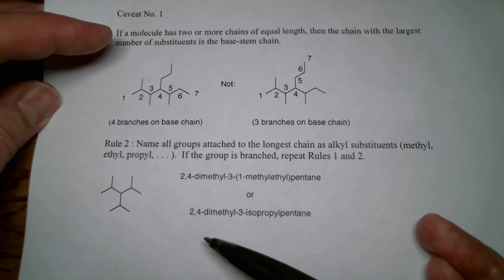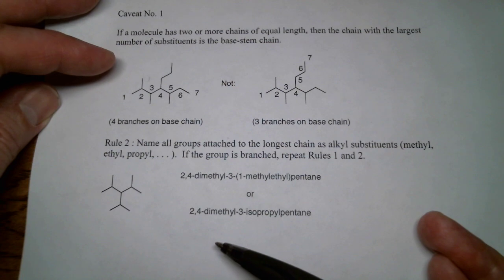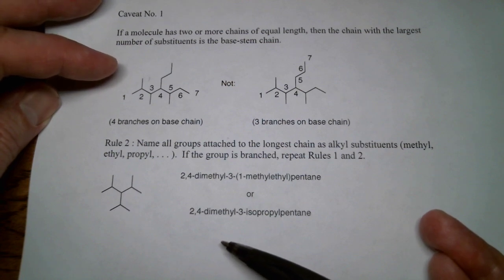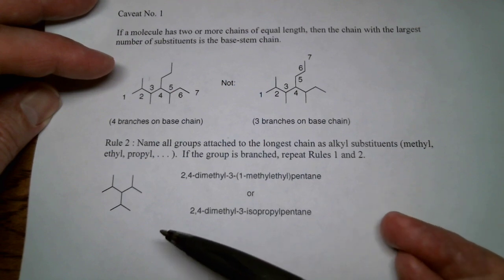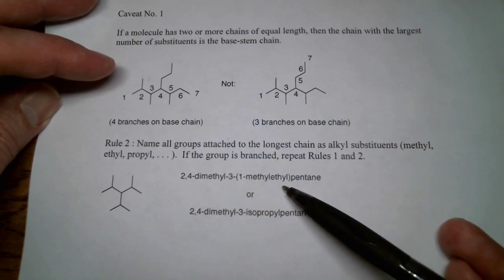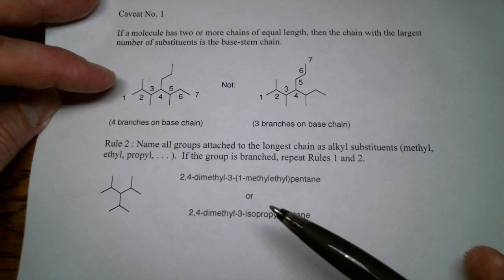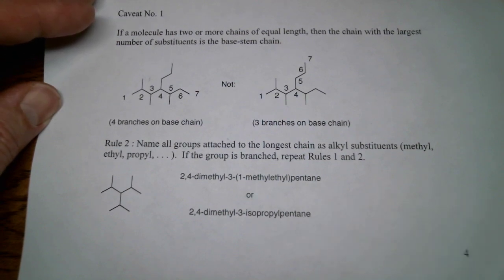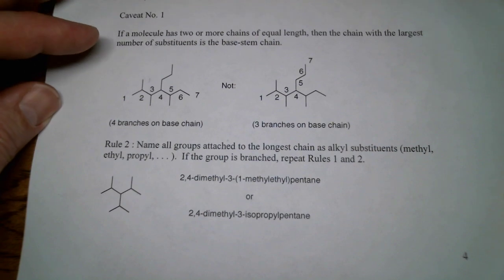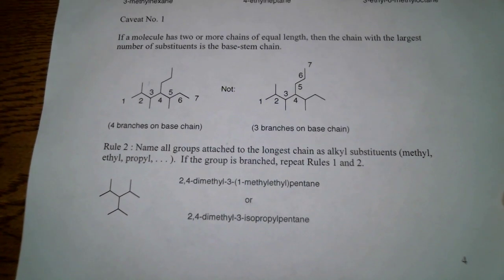However, you may see other texts or areas where you're reading organic chemistry that abbreviate the 1-methylethyl group as an isopropyl group. So you have to be aware of those common names as you go through your materials.